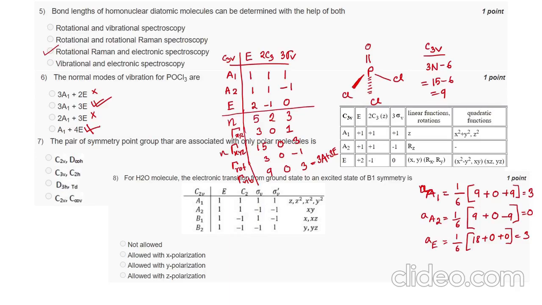Okay, now I guess this is not the last question, we will have something more also. So the pair of symmetry point groups associated with only polar molecules. Polar molecules are like water, and if you remember, ammonia is polar. To be polar means a dipole moment should be there, so it should not have a plane of symmetry.